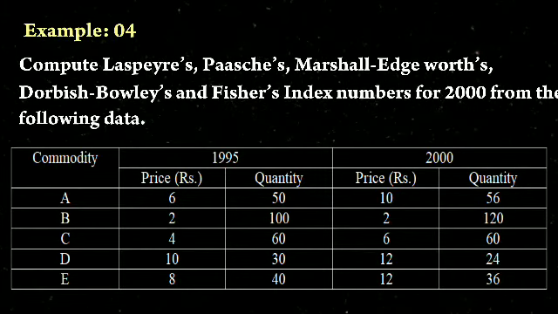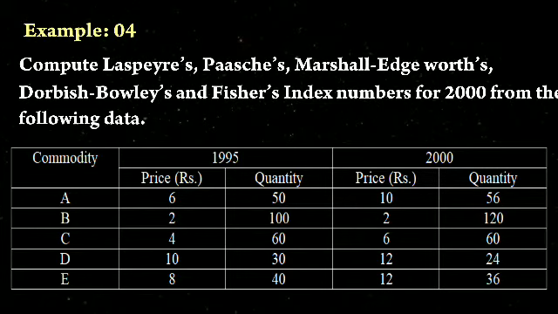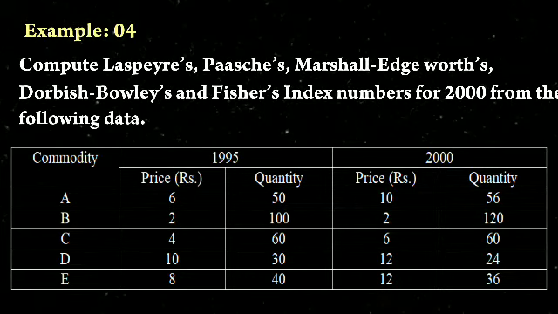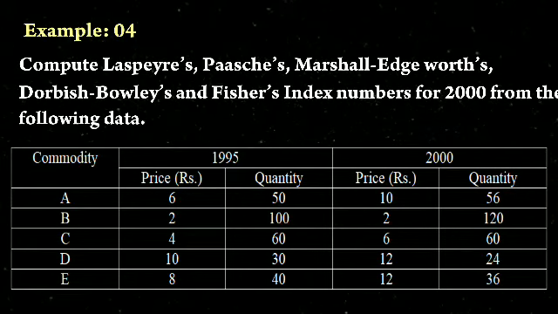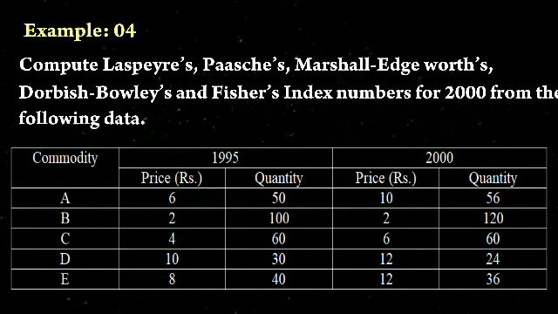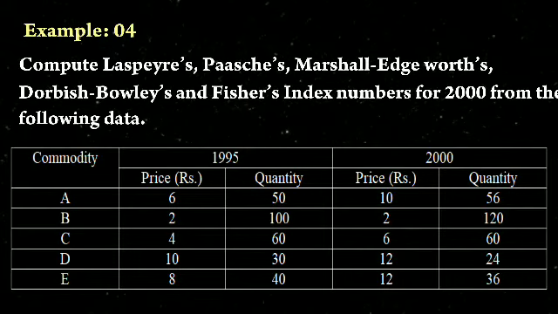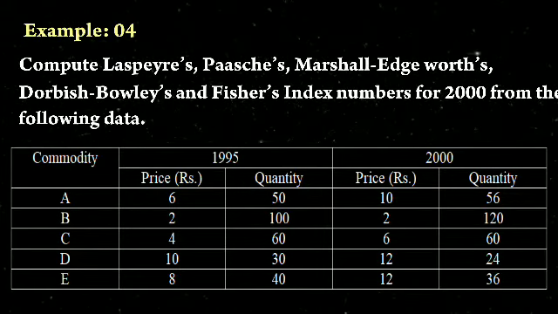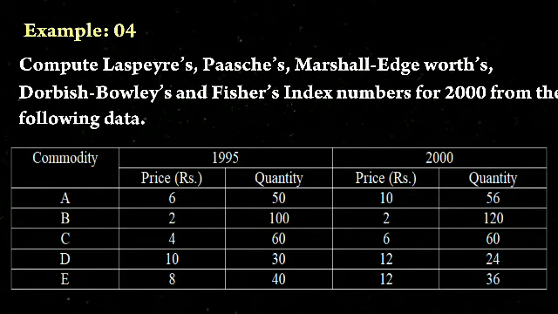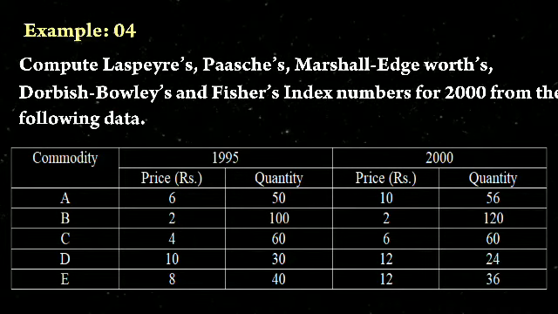That is, base year price multiplied by base year quantity, base year price multiplied by the current year quantity, current year price multiplied by base year quantity, and current year price multiplied by the current year quantity. So you should find the product of these 4.